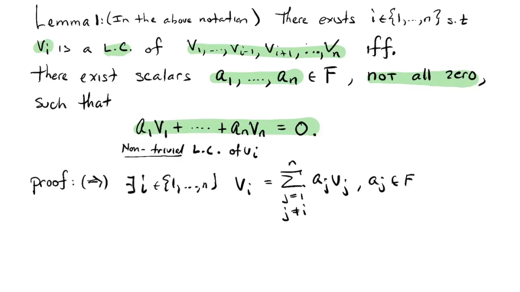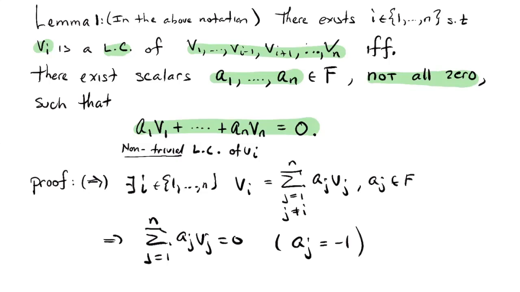Then I'm just going to rearrange this equation a little bit. It means I've got the sum as j goes from 1 to n, with no condition, of aj vj equaling 0, where I define ai to be minus 1. What am I doing? I'm taking the term 1 times vi and subtracting it to the other side.